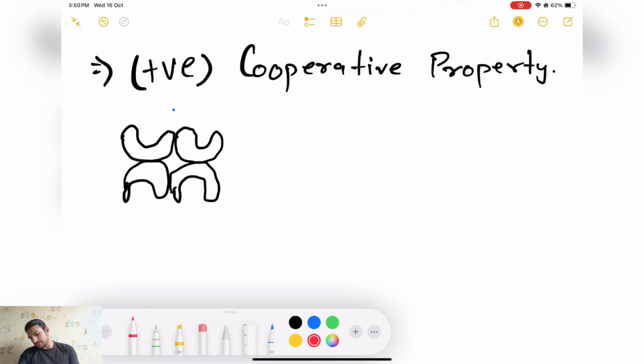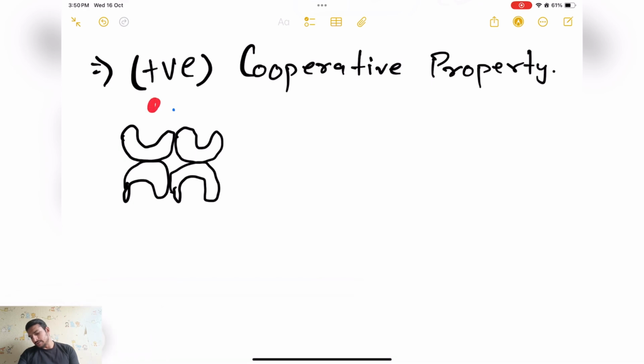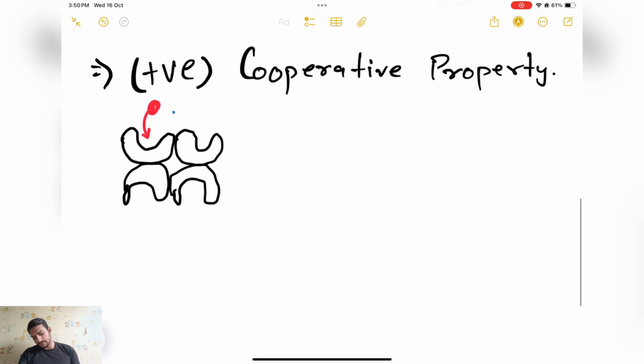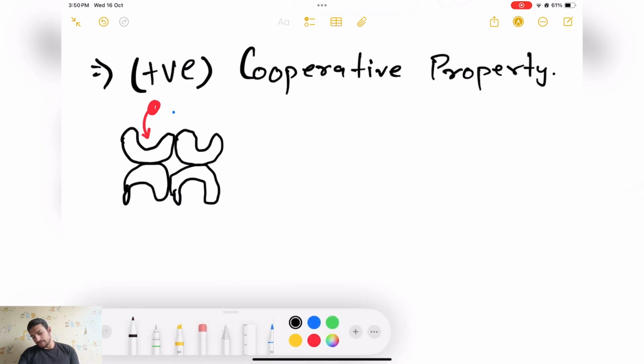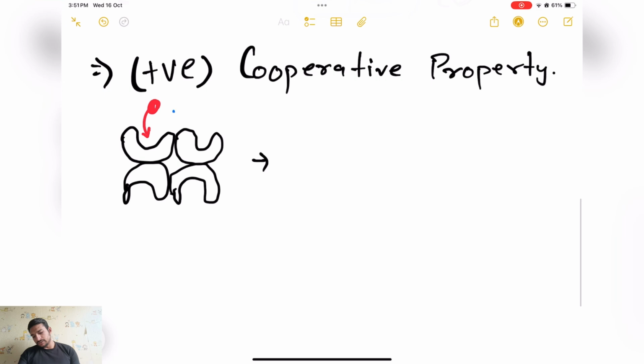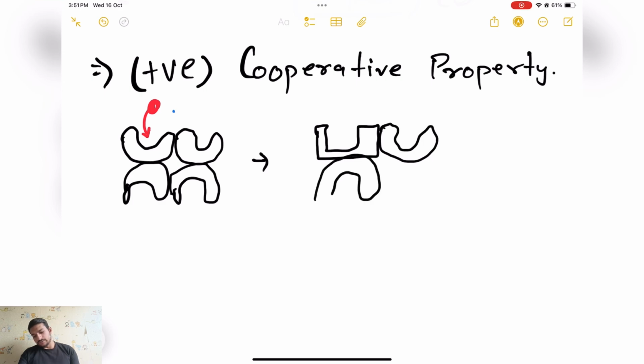As the substrate comes and binds to the first subunit, it changes its shape like that. All the other three subunits are the same in structure.